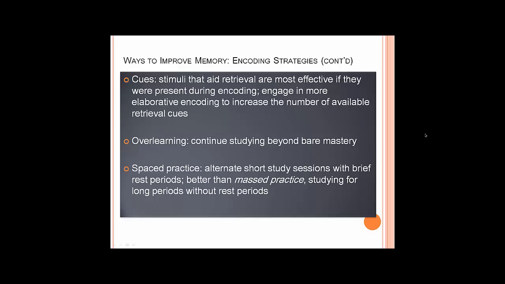There's also spaced practice, which alternates short study sessions with brief rest periods, and this tends to be better than massed practice, studying for long periods without any rest periods.